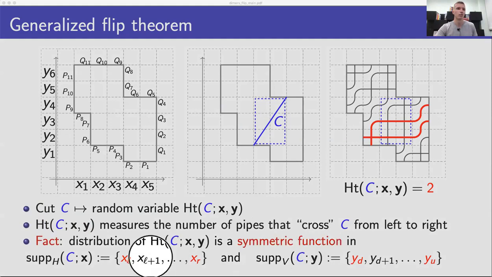So there are two sets of variables which are called the supports of my cut. The support of a cut: you take a cut and project it down to the x-axis, and then you look at which variables are covered by your cut, and that's your horizontal support. And if you project to the left boundary, then you take the set of y's you get, and that's the vertical support of your cut.